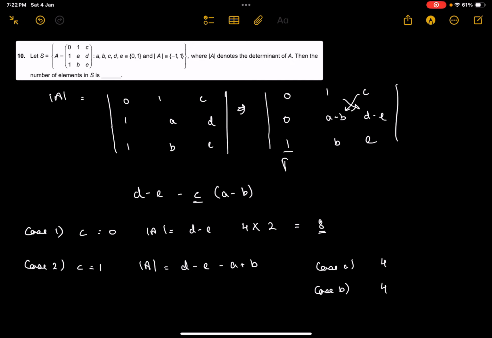All 4 of them cannot be 1, as then the determinant would be 0. All 4 of them cannot be 0, as the determinant would be 0. So the only possible cases are 3 zeros and 3 ones. So the total answer becomes 8 plus 4 plus 4, which is 16.